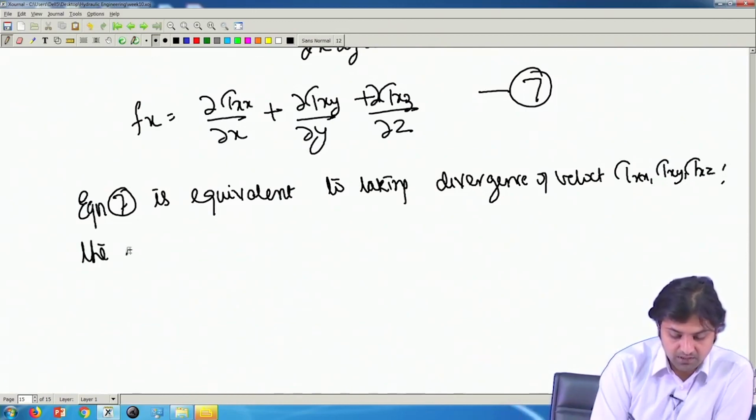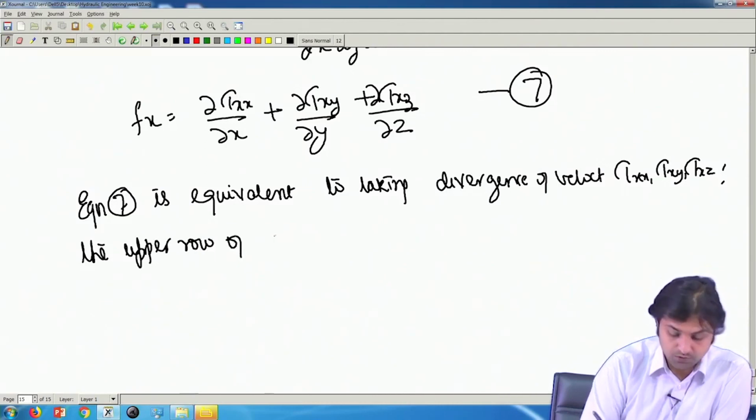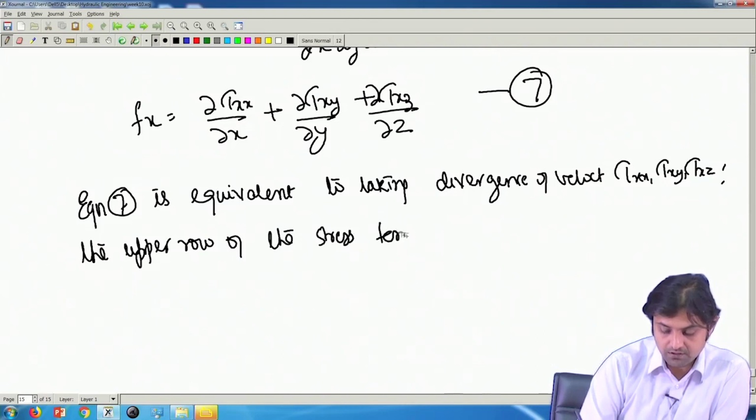That means the upper row of the stress tensor.